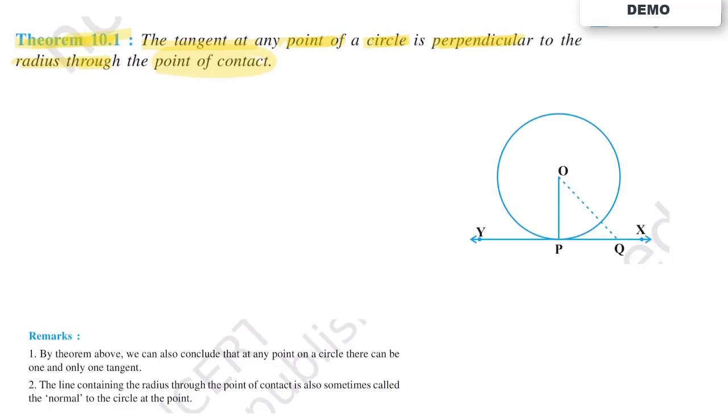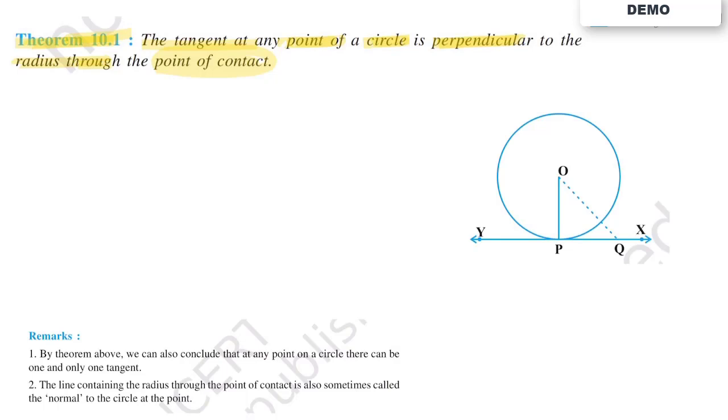And let us try to prove it, although 95% chances are there that this proof is not going to come in your examination, but we are going to discuss the proof since it may be used in the application in various questions that are asked in NTSE, KVPY, so you have to know the proof.